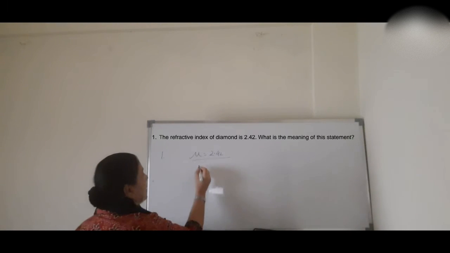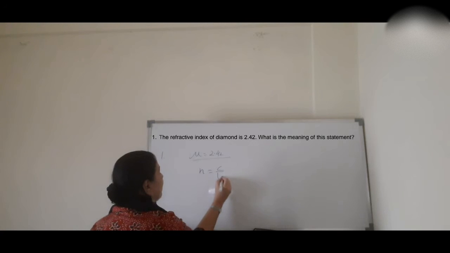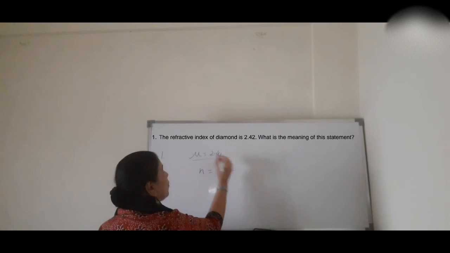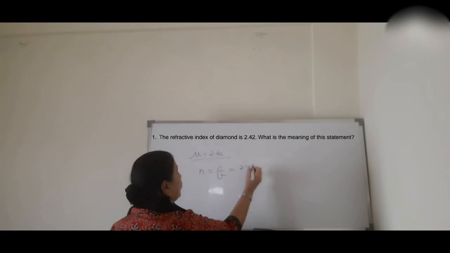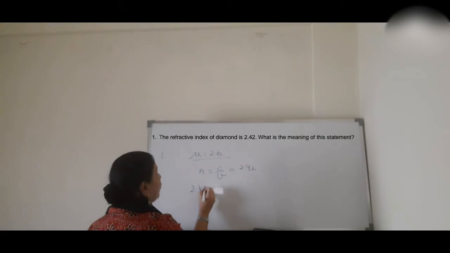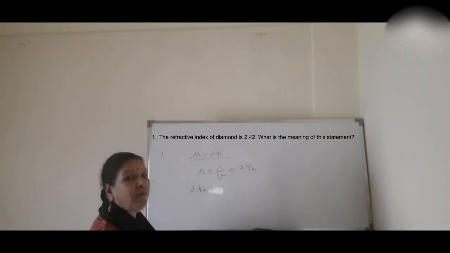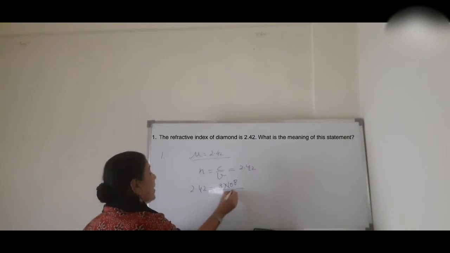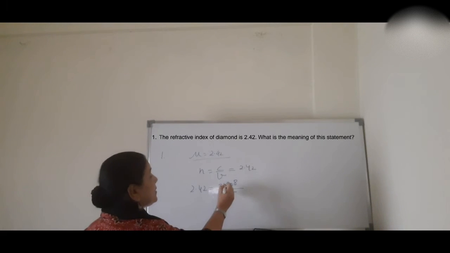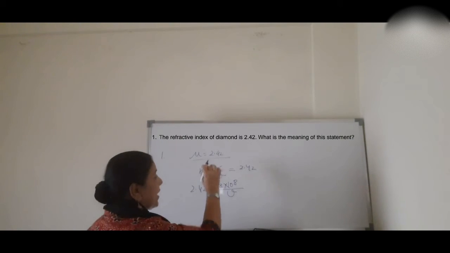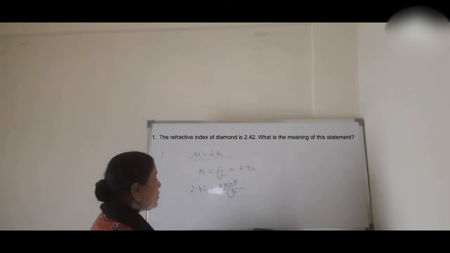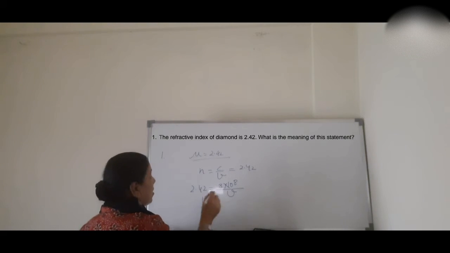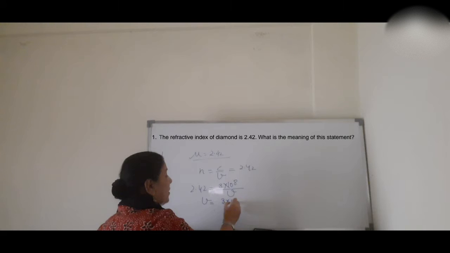We know that n is equal to C by V. So 2.42 is equal to C, the speed of light in air or vacuum, that is 3 into 10 to the power 8 meter per second, divided by V, the speed of light in this case in diamond. So V is equal to 3 into 10 to the power 8 by 2.42.